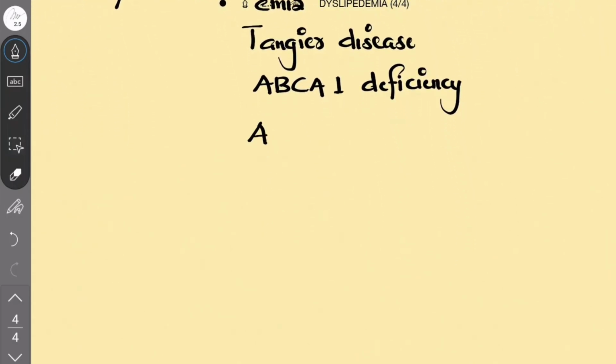Similarly, in A1 deficiency, HDL contains A1, A2, C1, C2, C3, E, these apolipoproteins. If any of these apolipoproteins, especially A1, is deficient, it can affect the composition of the HDL and it will be low.